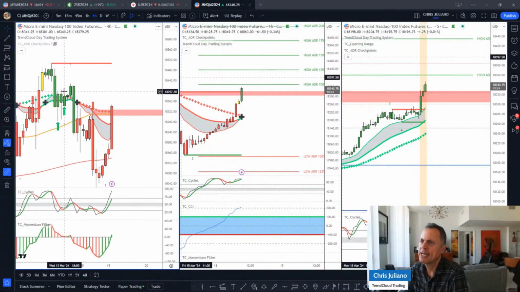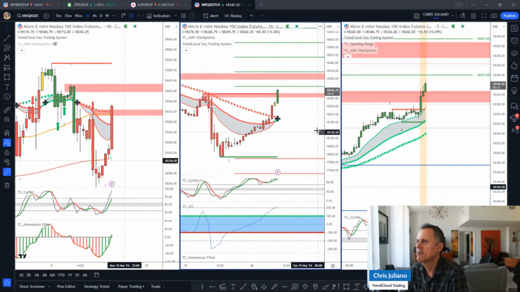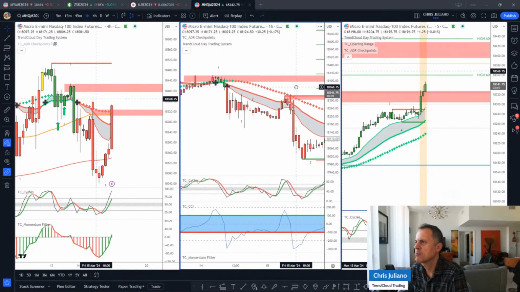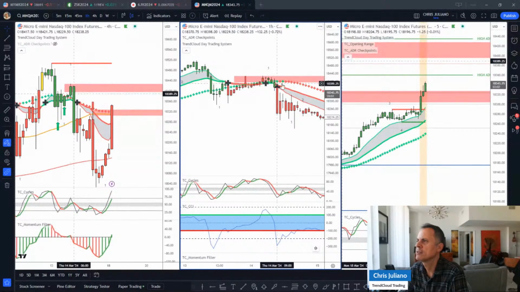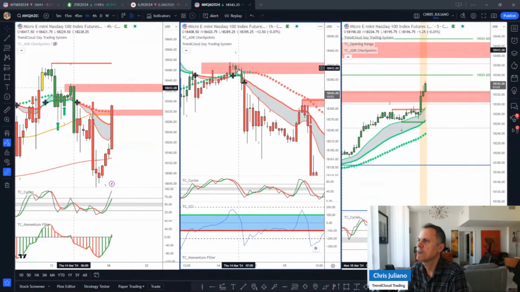So where are we heading here? Well, here's a market edge. We just broke through this. So this up here, that's kind of around the second ADR checkpoint, and it's also rally base drop on the 1 hour chart.